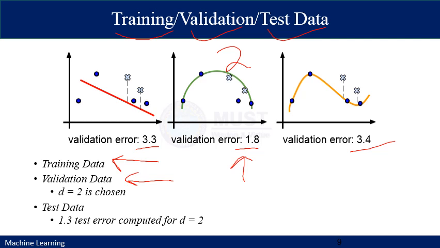Then we measure this model on the test examples for generalization error, and let's say we have computed a test error of 1.3. Therefore, we have an optimal decision for this particular dataset to choose this particular algorithm.